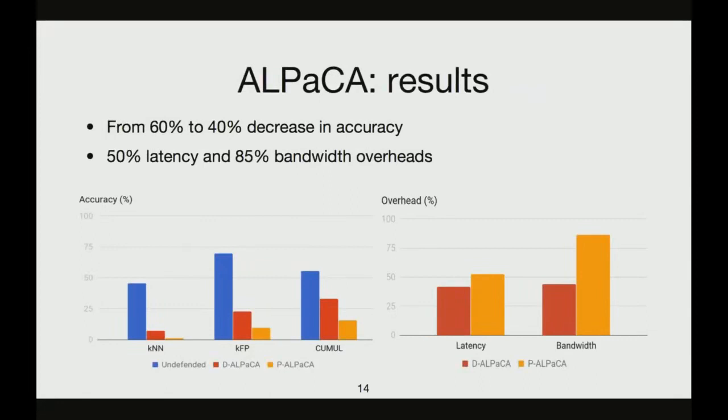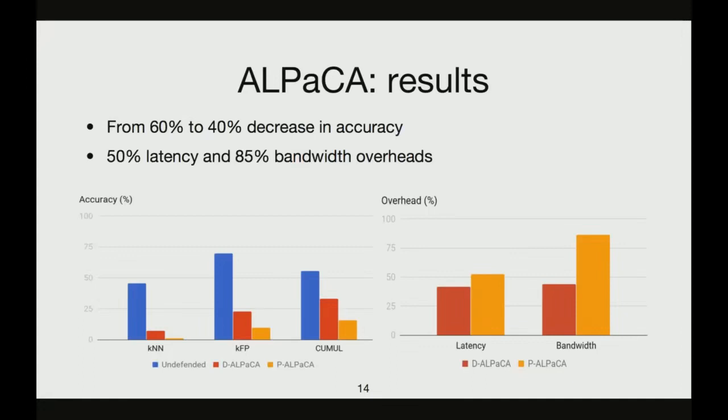I will just give a highlight of the results of the evaluation. Here you see the results for Alpaca. We tested several configurations, but I'm only showing the best one. On the left side, the blue bar is the unprotected case.